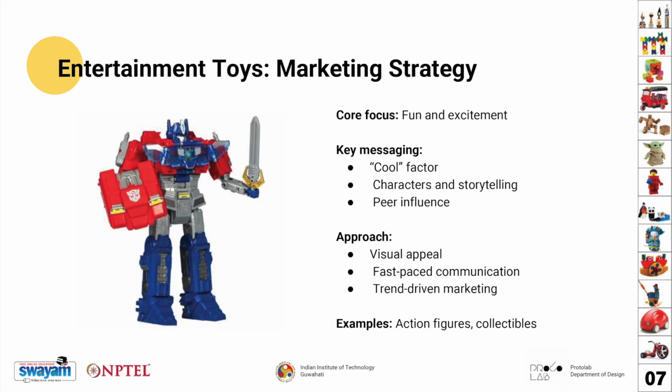These toys are often marketed directly to children using bright visuals, fast-paced videos, and emotionally engaging content. The aim is to create an immediate sense of attraction and desire. Peer influence also plays a very strong role in this category.